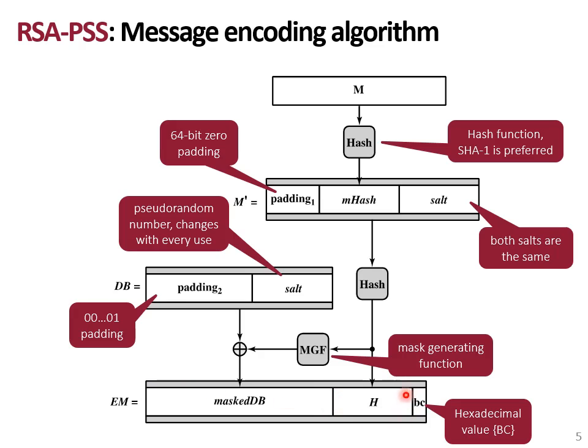Then we have the hash value of our message and also a final value, hexadecimal value BC. The masked dB serves so that the receiver can actually retrieve the salt when decrypting the signature.